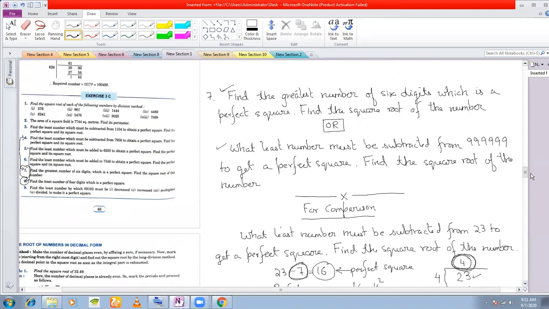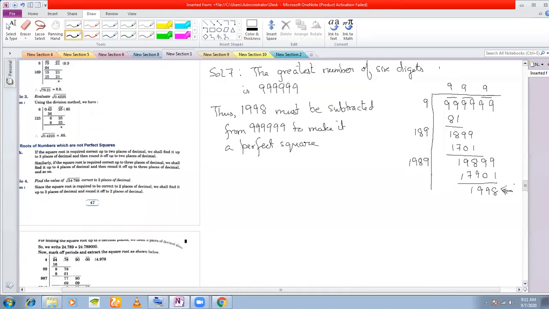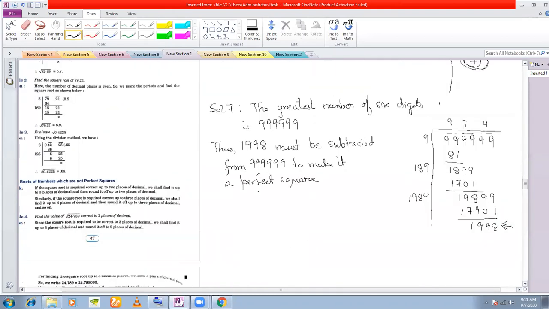Find the greatest number of 6 digits. Now that still hasn't been answered. The question here is this number must be subtracted. So what should be the greatest number of 6 digits, which must be a perfect square?